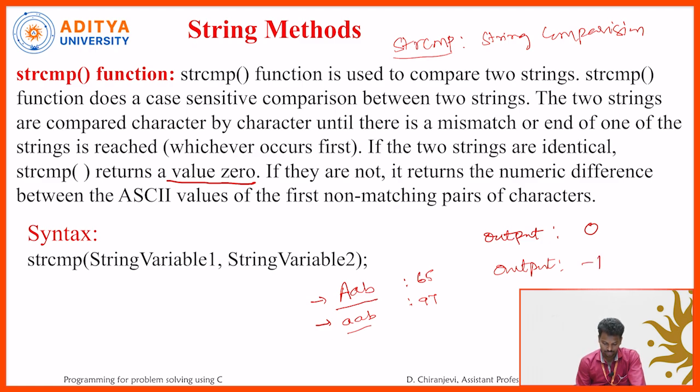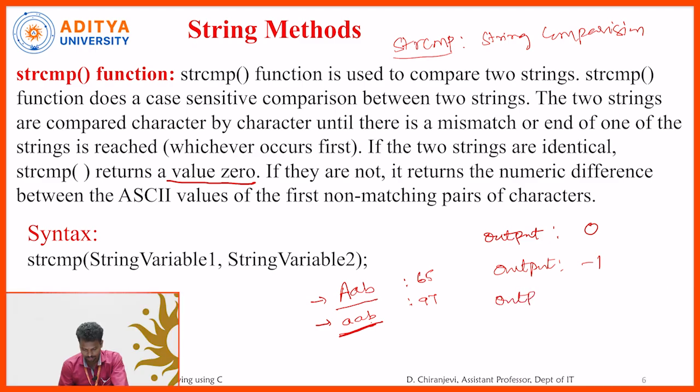If your first string is small a, small b, and your second string is capital, the ASCII value difference is positive, and in that case the output will be +1. So whenever you perform string comparison, you will get three types of outputs. One is 0, when both the strings are the same.